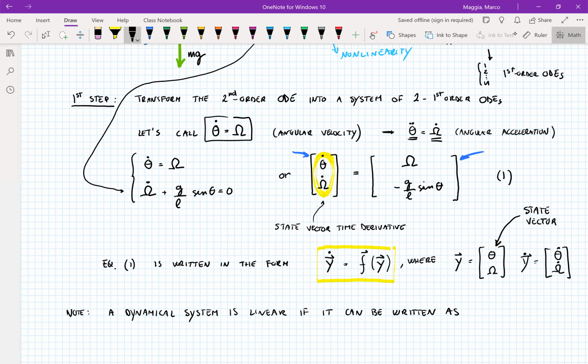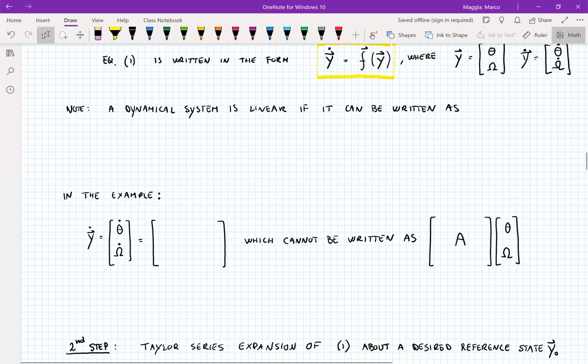All right, so now that we have our system, we already know that it's not linear. But for a system of first order ODEs to be linear, it has to be written in this form: y dot equals a constant matrix A times y. So A is a matrix.